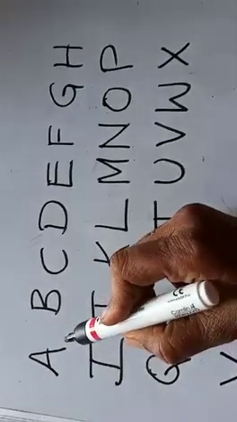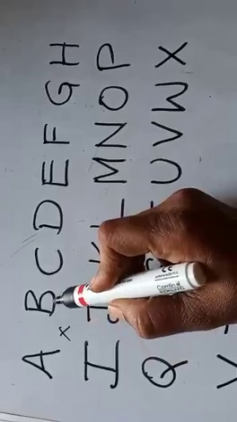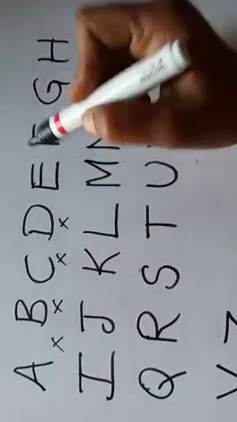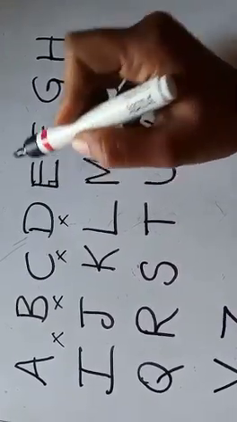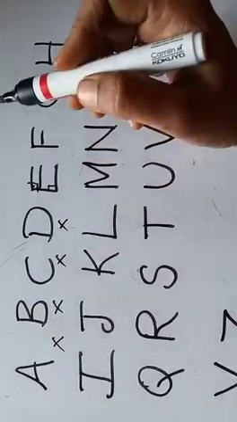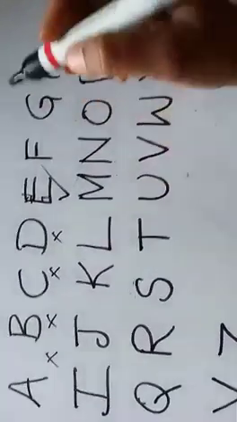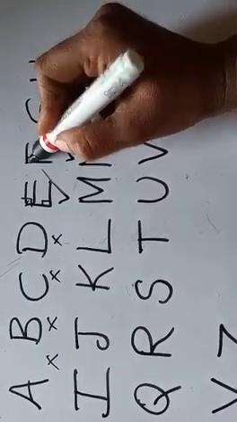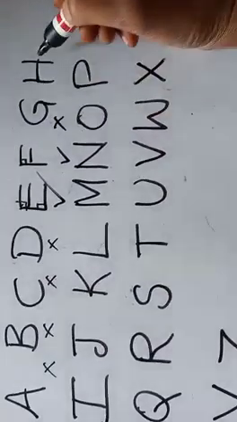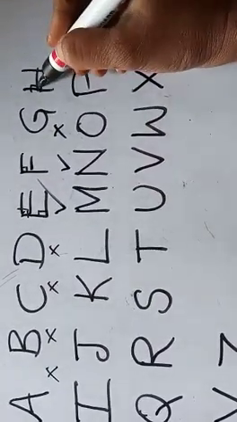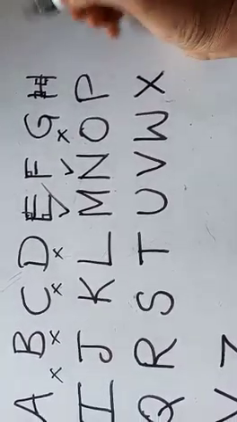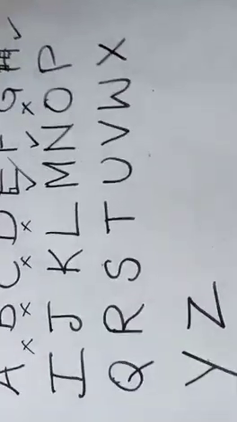A, no. B, no. C, no. D, no. If you observe here, this is 90 degrees. Here also 90 degrees. So this is yes, E. Next F, yes. Here the angle is 90 degrees. G, no. H, yes. Here 90 degrees, here 90, here 90, here 90.